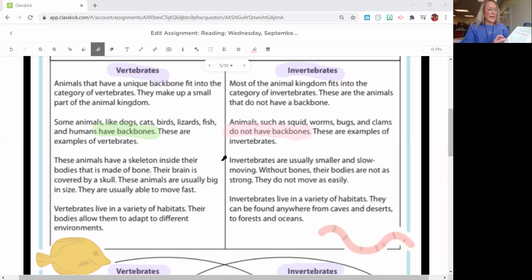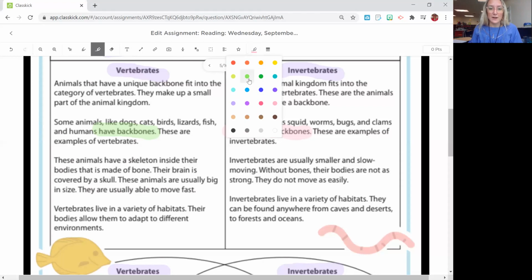All right, let's see what else is different between vertebrates and invertebrates. I remember them saying something about how they move. In the third paragraph, it says that vertebrates usually are able to move fast. Because they have a backbone, they are able to move fast.